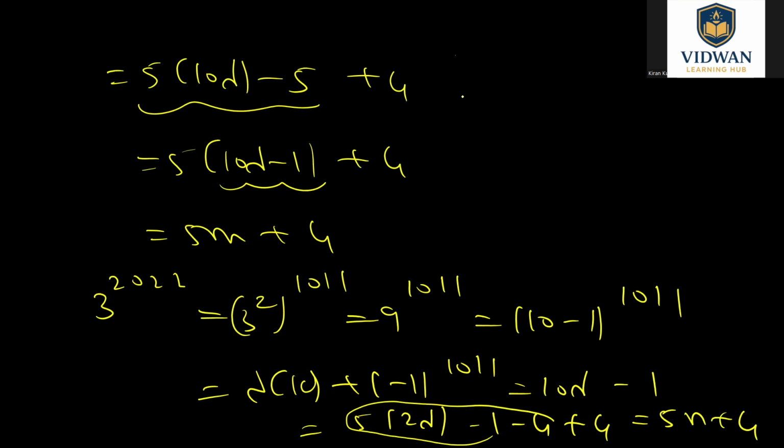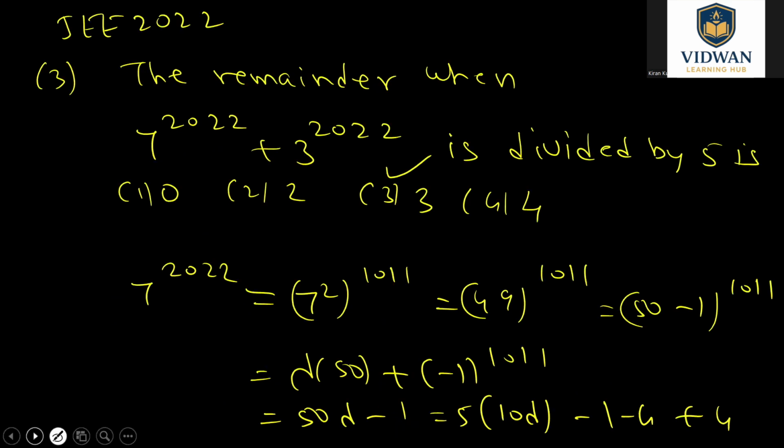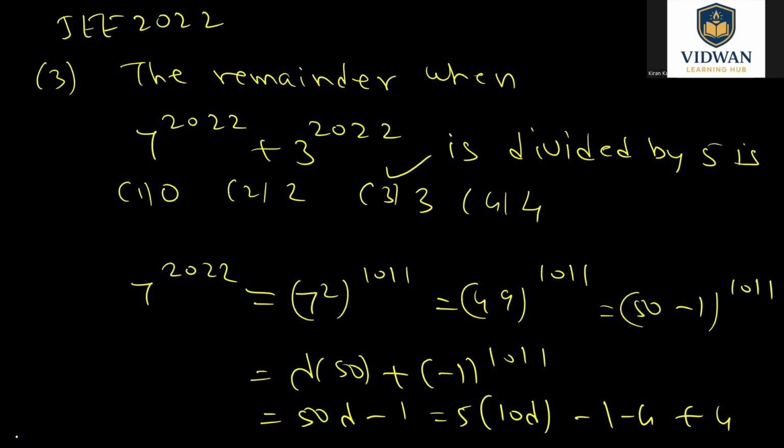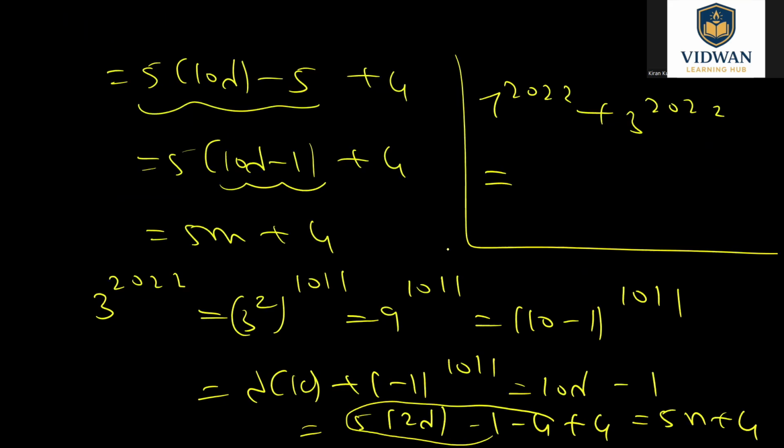So now when you add both the expansions, what are the expansions? 7 power 2022 plus 3 power 2022. The first one we got in the form of 5m plus 4, the second one we got in the form of 5n plus 4.